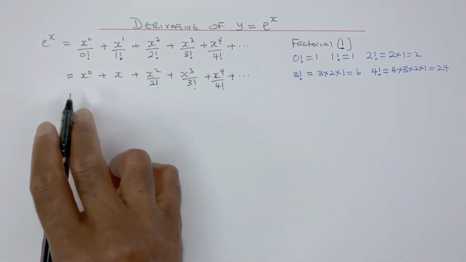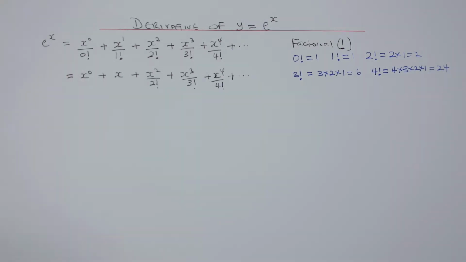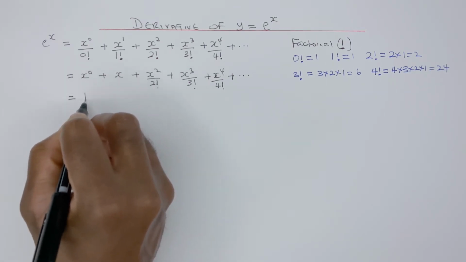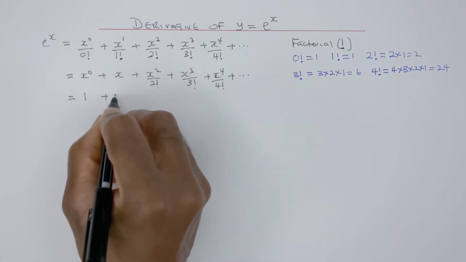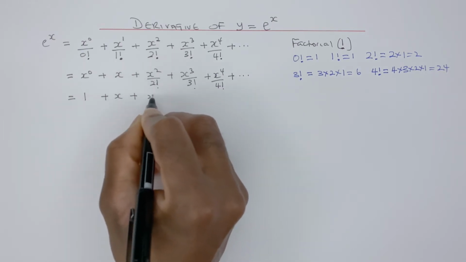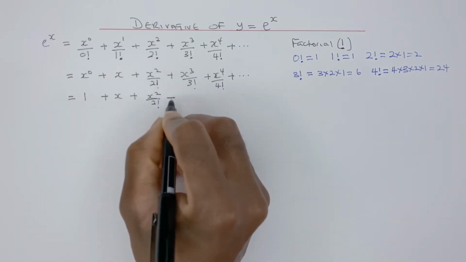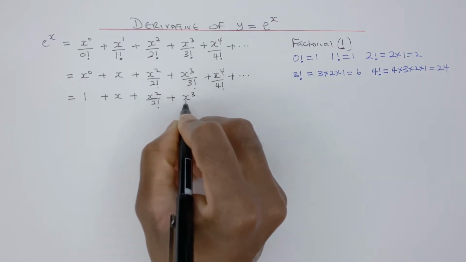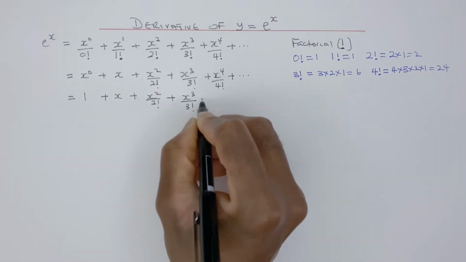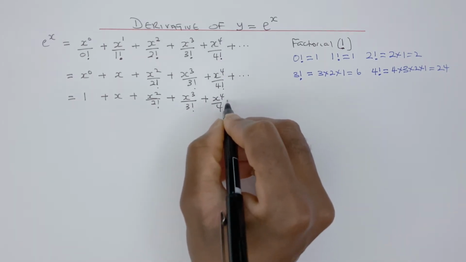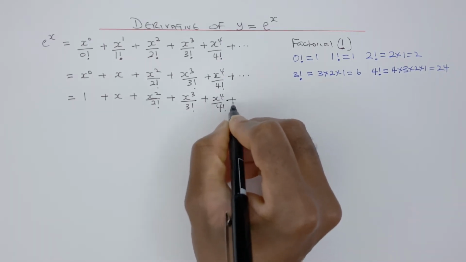This is called the series expansion for e to the power of x. And I can even simplify that further by saying 1 plus x plus x squared over 2 factorial plus x cubed over 3 factorial plus x to the power of 4 over 4 factorial plus, and it goes on.